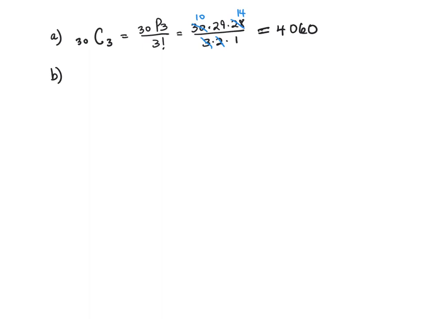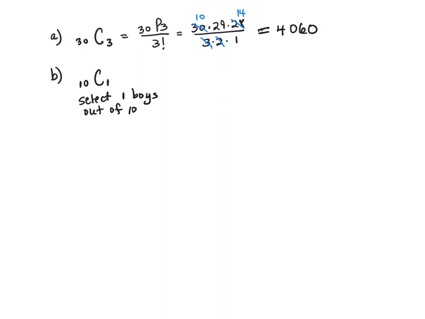All right, let's look at part B. Part B says 1 boy and 2 girls. So let's think about it. This is a compound event. So to find the number of ways to select 1 boy out of 10 boys, that would be 10C1.